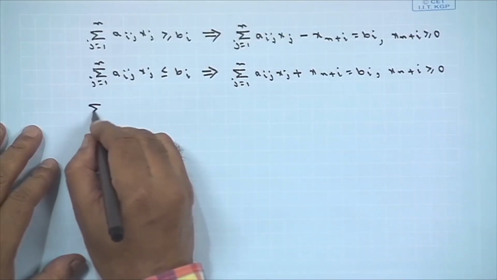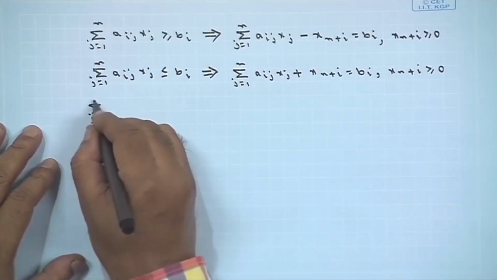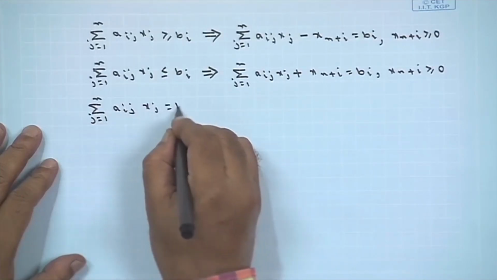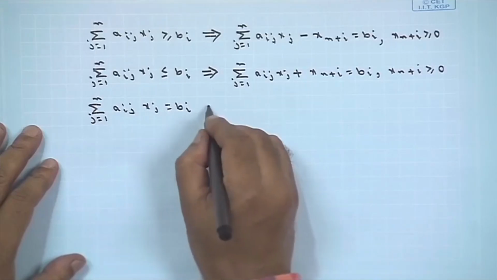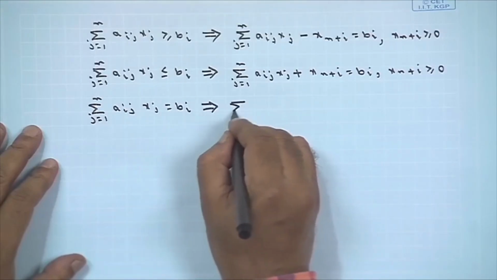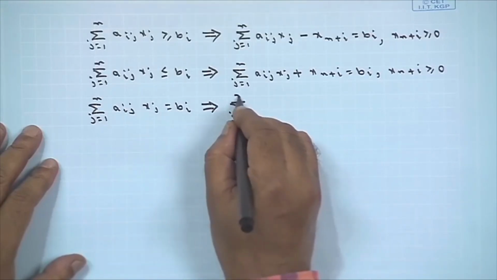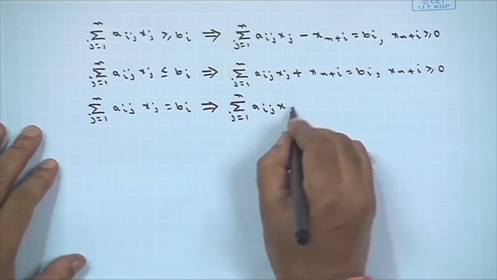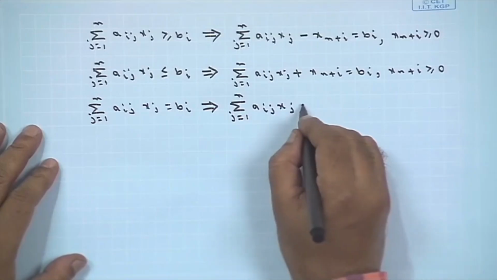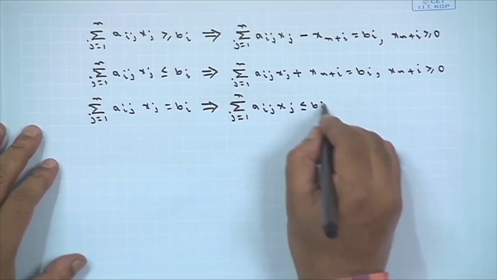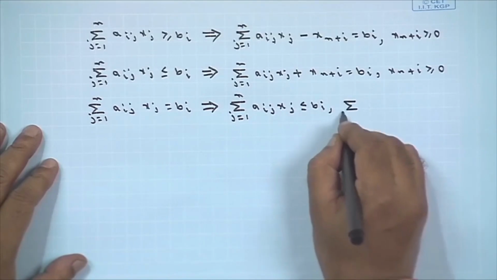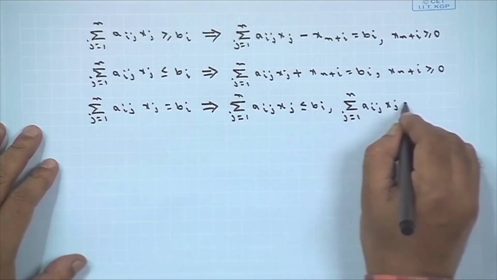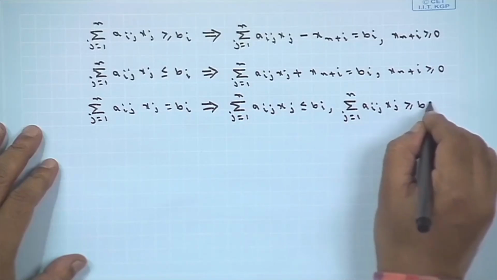Even if you have some equality constraint, that is Aij xj equals Bi, this can be converted into two inequality constraints like this. Summation j equals 1 to n Aij xj, this is less than equals Bi, and summation j equals 1 to n Aij xj, this is greater than equals Bi.